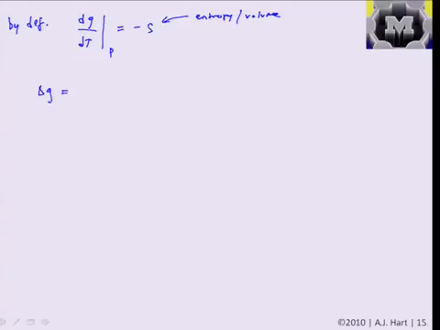and we can say that delta G is equal to an integral between a couple of limits we'll define in a moment of minus S dT, assuming that for each phase S of T is constant.